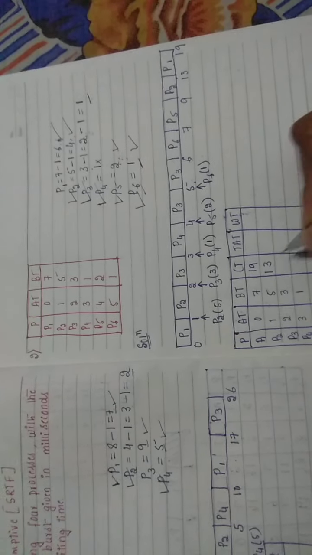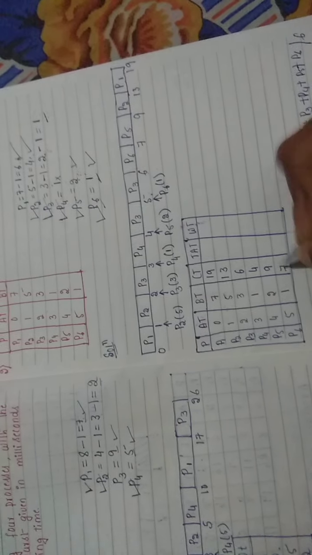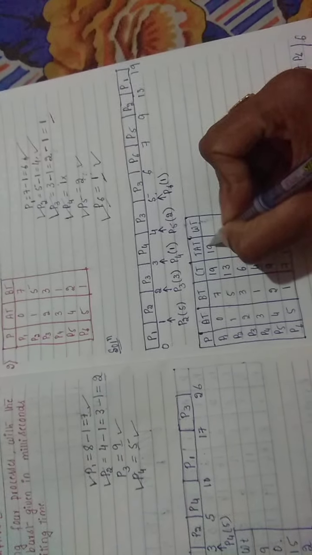Okay, so now write the completion time as usual. For the completion time of a process, take the last completion. So for P1 it is 19, and for P2 it is 13, and then 6, 4, 9 and 7. And you complete the TAT by the formula.